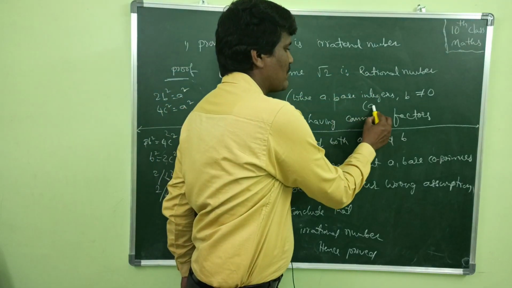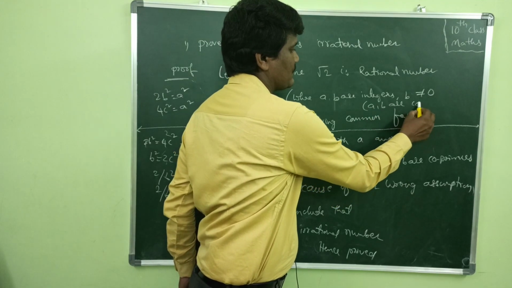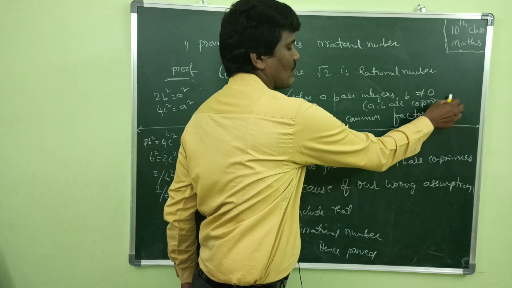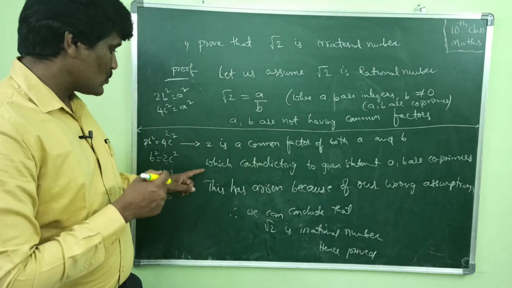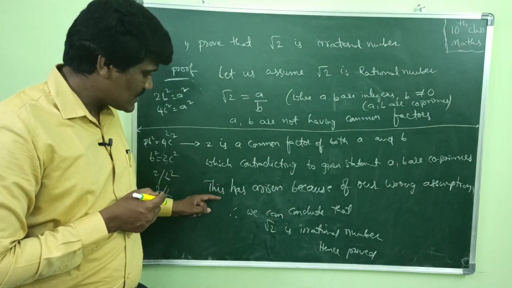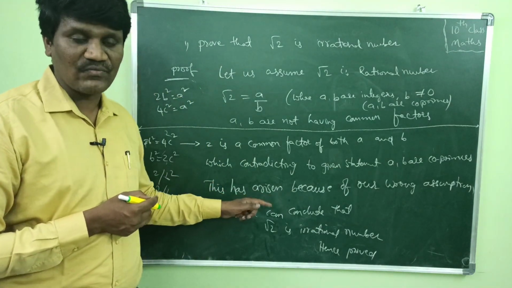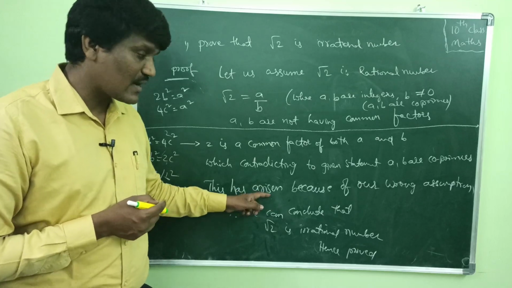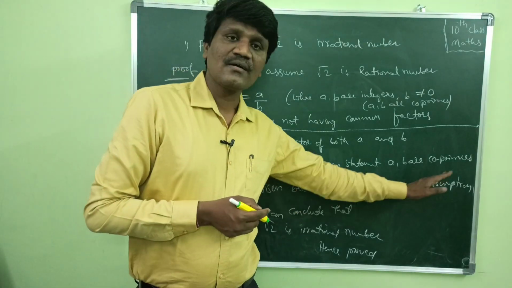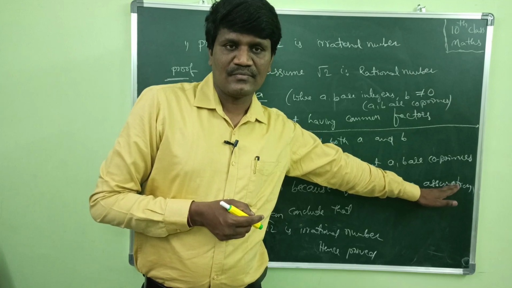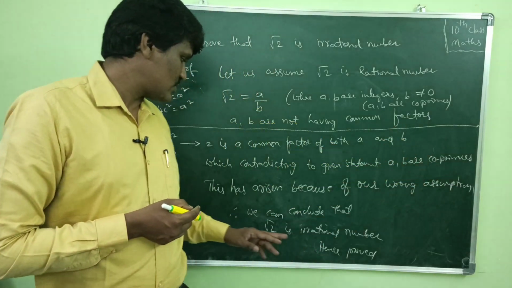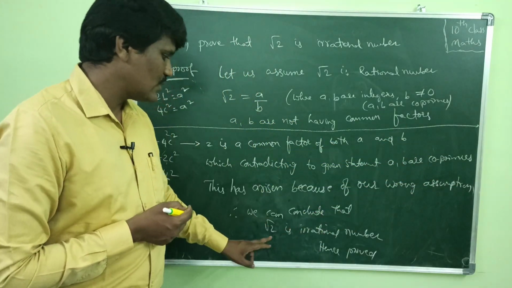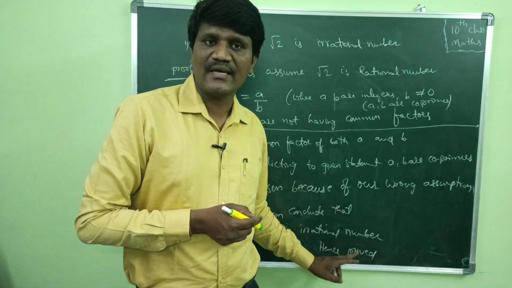Now why has this come? This has arisen because of our wrong assumption. So we can conclude that root 2 is an irrational number, hence proved.